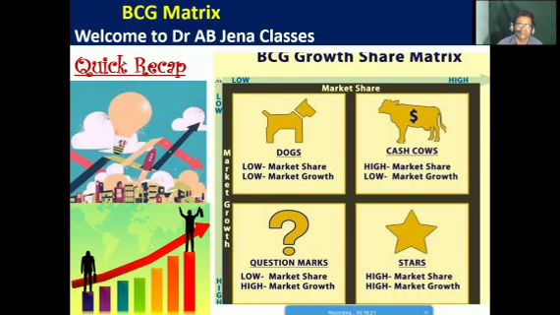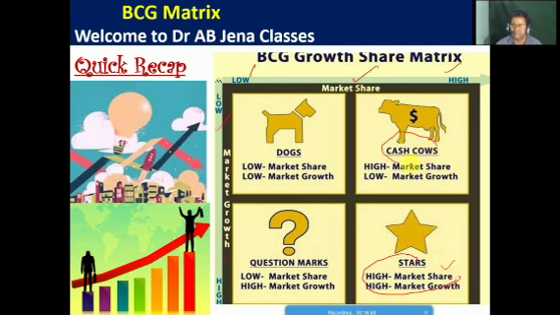So, friends, a quick recap of the BCG growth share matrix. Market share is low and high, and market growth is low and high. First, the star: there will be high market share and high market growth for a company.